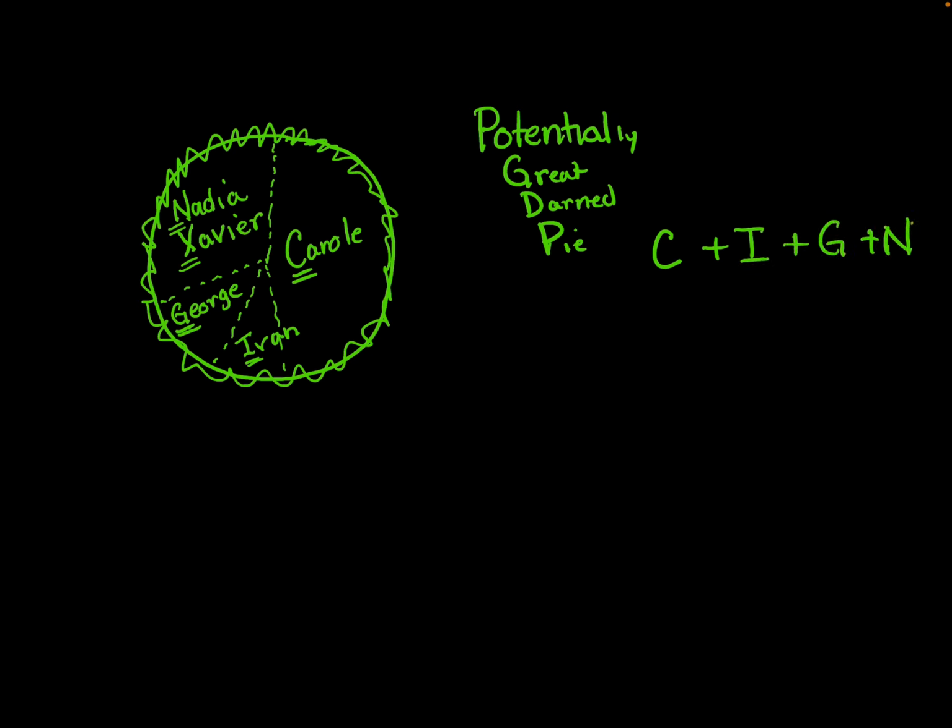And so suppose George says, pie, I love pie, and he takes a bigger piece. So George goes like that with this pie. Well, obviously, something has to give. Either Carol gets a smaller piece, Ivan gets a smaller piece, or Nadia Xavier gets a smaller piece, or all of them do.